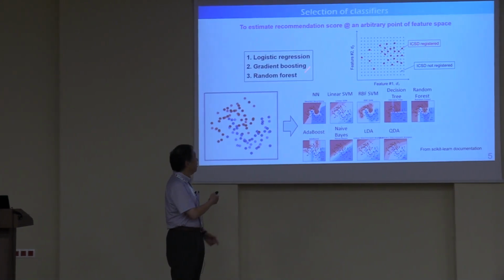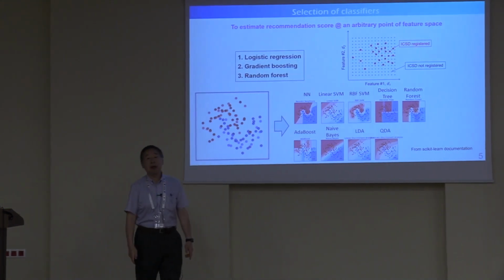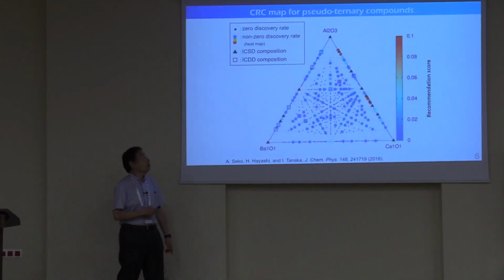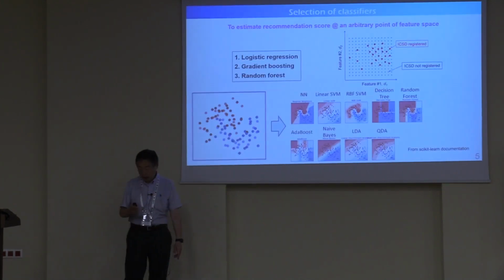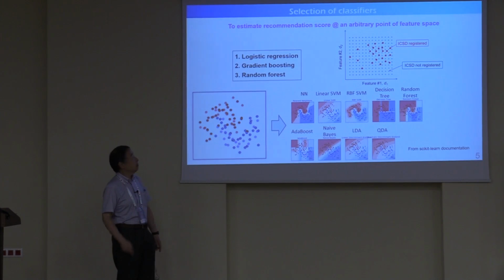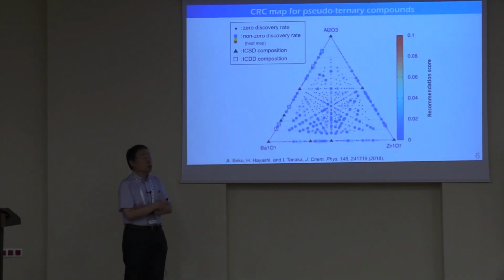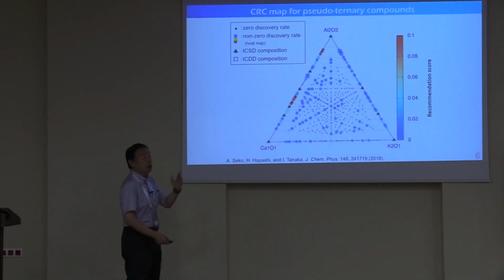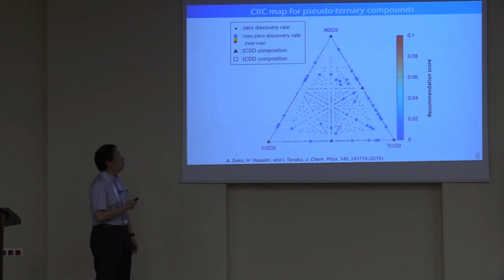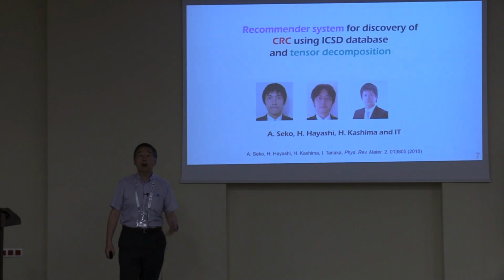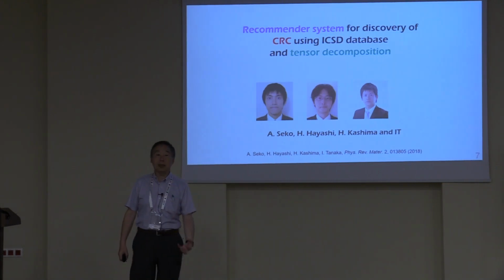We found that these three classifiers are quite useful, and that the random forest classification works the best. This was what we obtained and gave to the experimenters. Those are summaries of what I talked about yesterday.